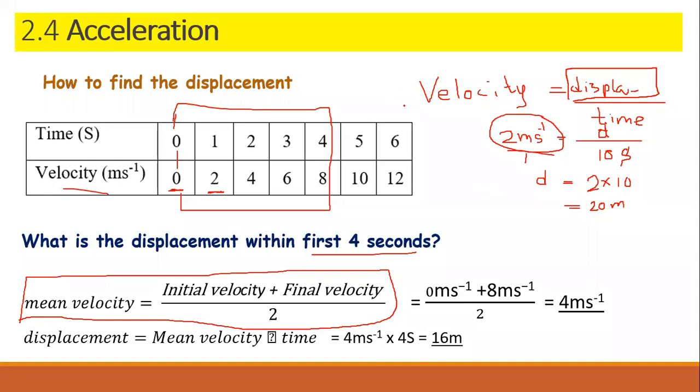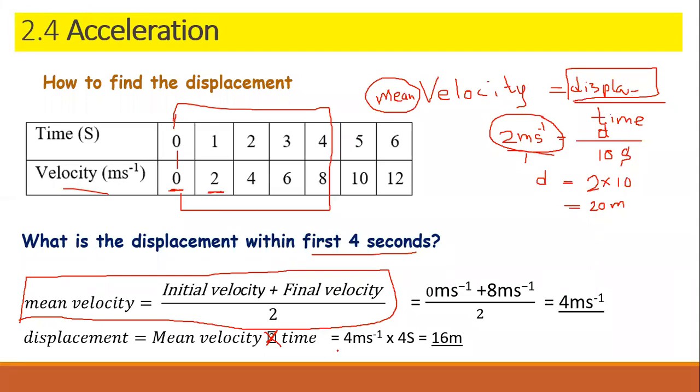So we have another word here now, mean velocity. It is not just the constant velocity, it's a mean velocity. Mean velocity equals displacement divided by time. In that way, here it should be a multiplication mark. And here, time multiplied by mean velocity gives us the displacement.